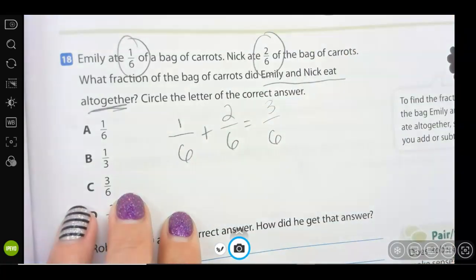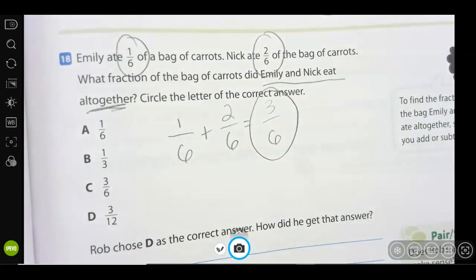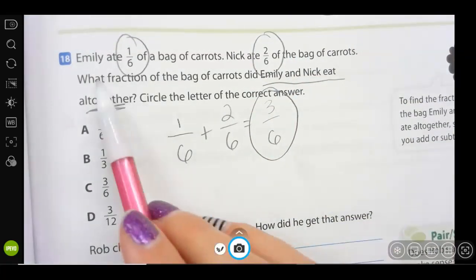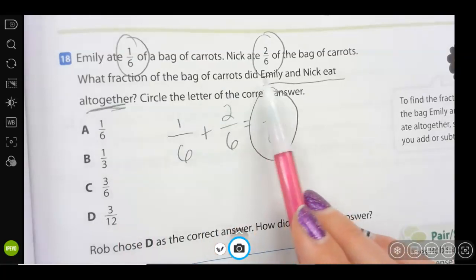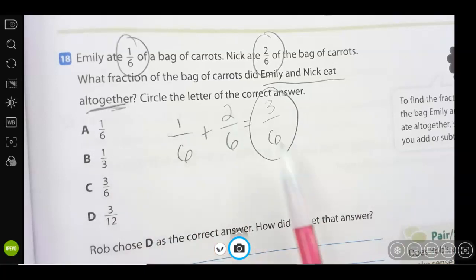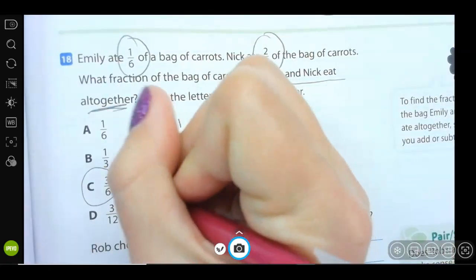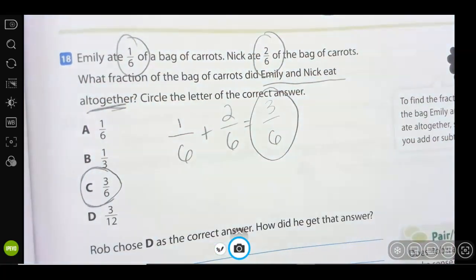3/6. Okay. Is that all we have to do to get our answer? Yeah, because the question says, what fraction of the bag of carrots did Emily and Nick eat all together? So our answer is 3/6. C. Okay.